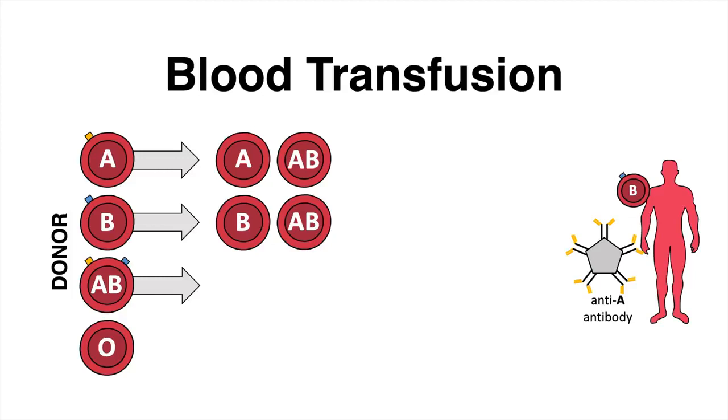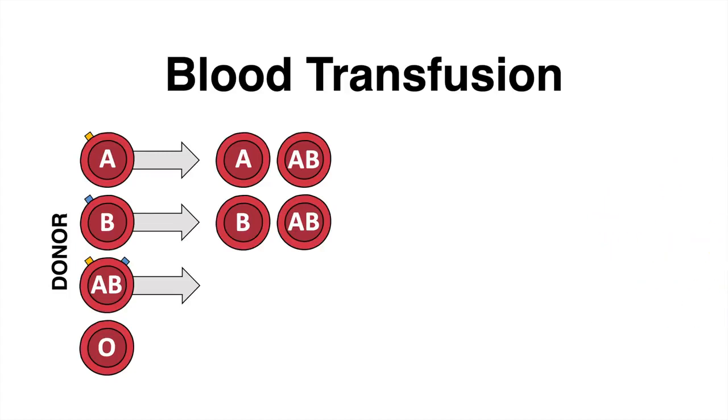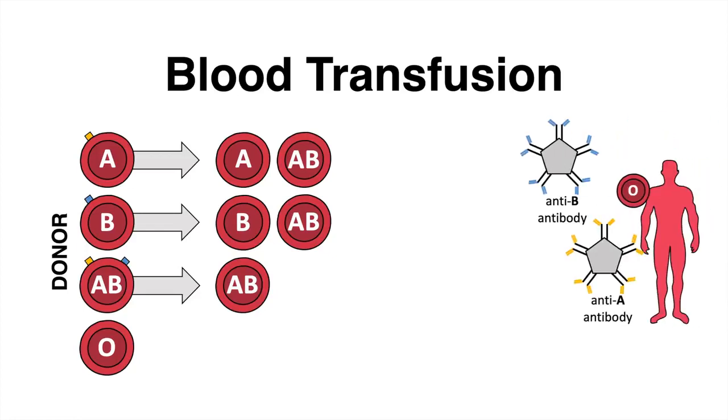The antibodies bind the AB erythrocytes because of the A antigen. There are no conflicts of blood group AB donations to patients with the same blood group, but erythrocytes of the type AB cannot donate to patients with blood group O. Why? Because these recipients have antibodies against A and B antigens.